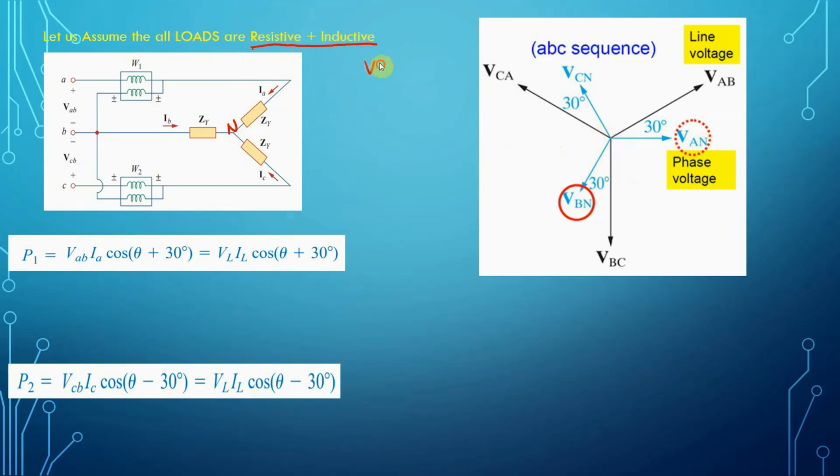So let's write VAN is equal to V phase with angle 0, and VBN is equal to V phase with angle minus 120 from this figure, and VCN is equal to V phase with an angle of negative 240 degrees, right? And of course, you know also the VBC is at an angle of 90 degrees from this figure, okay?